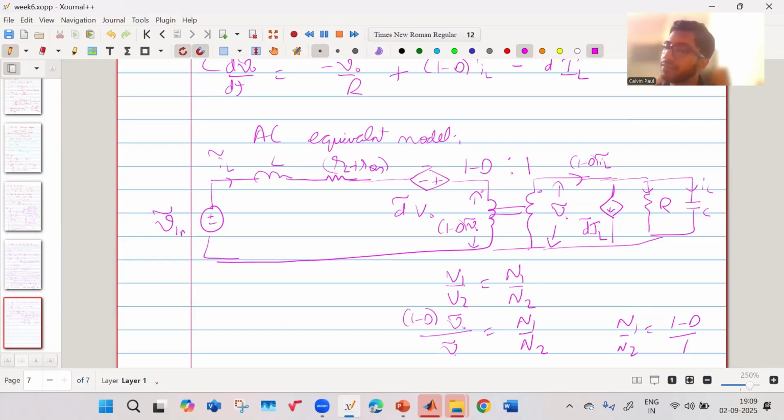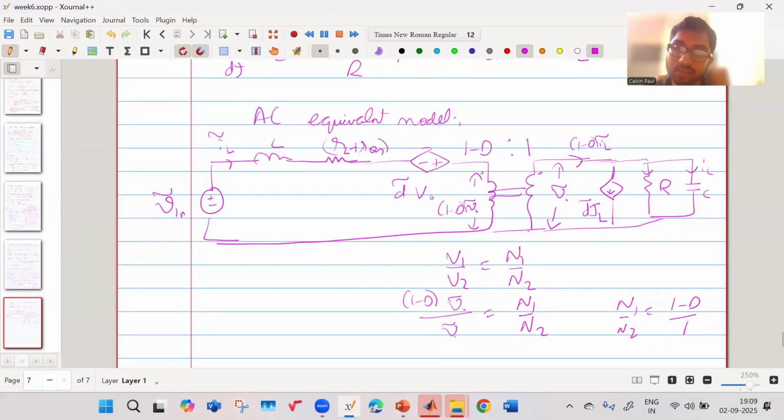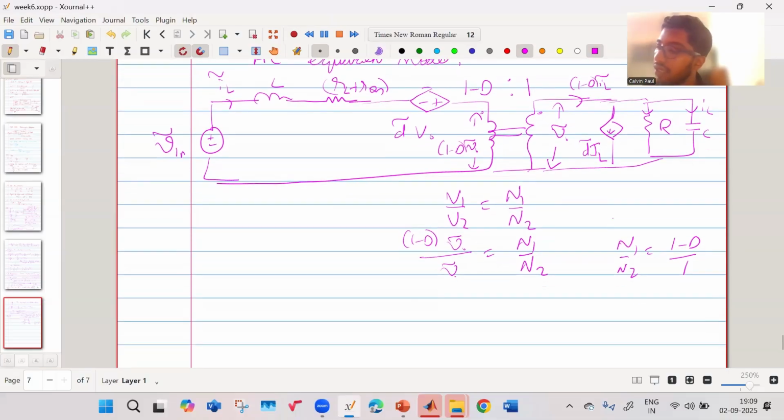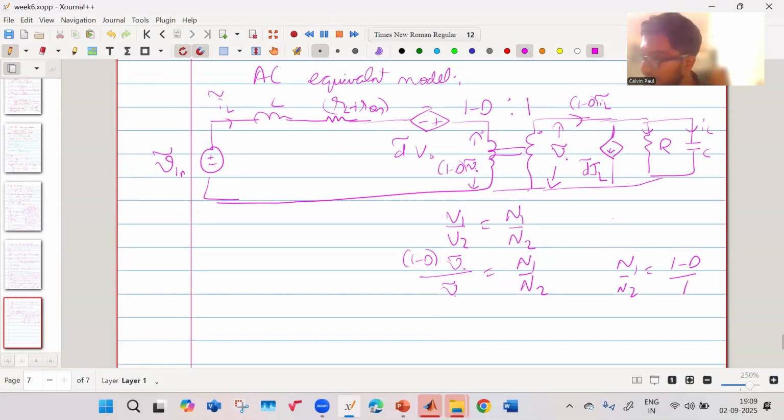We will look into that. So now we will have to consider 4 different types of transfer functions. Let us consider the simplest one, that is your control to output transfer function.